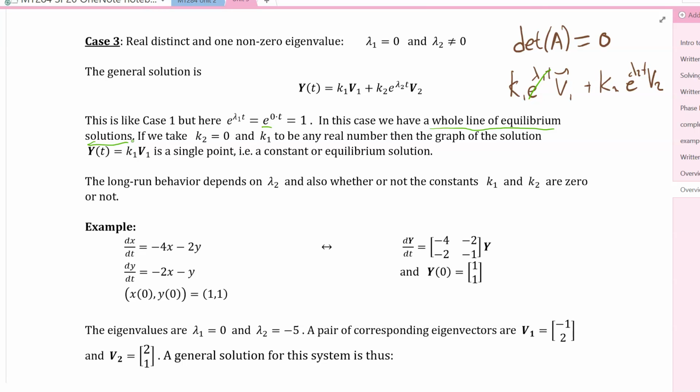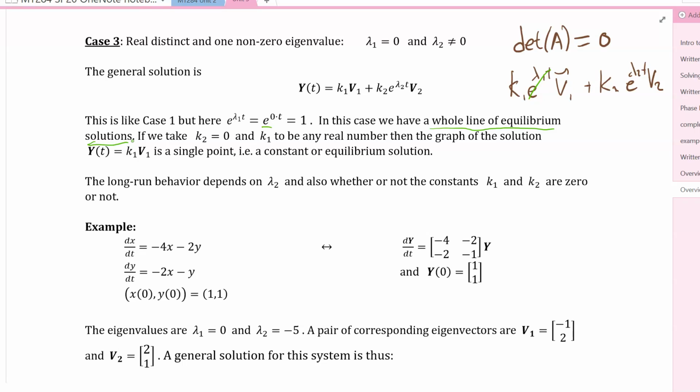Again, V1 and V2 are eigenvectors corresponding to lambda 1 and lambda 2. They're constant vectors. K1 times a constant vector is just a fixed vector or a fixed point. So it's a single point, meaning it's an equilibrium solution. It's a constant solution.